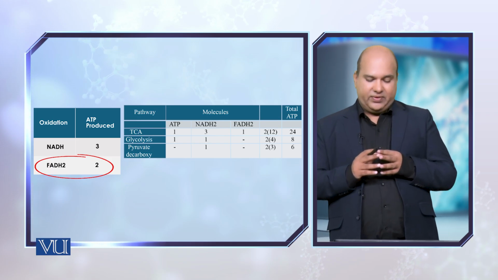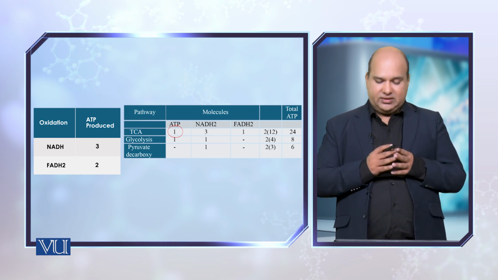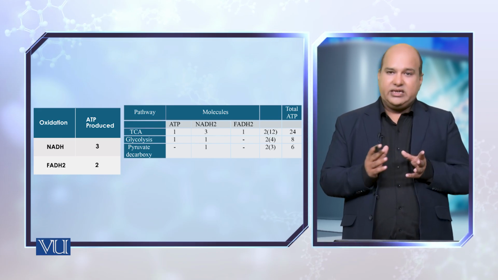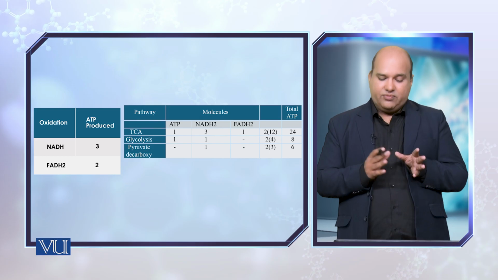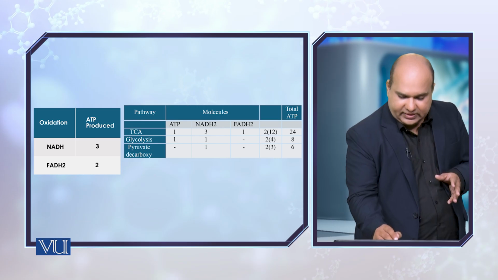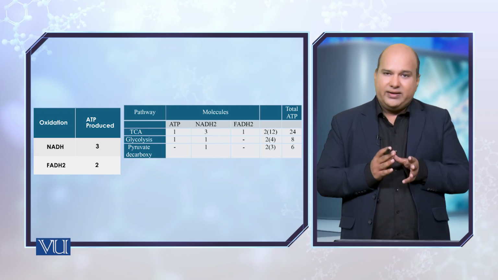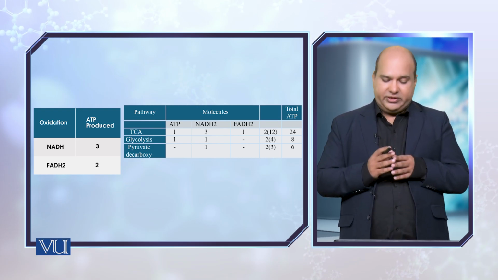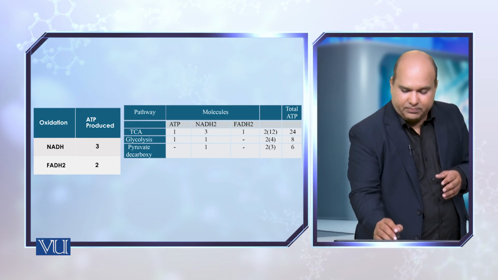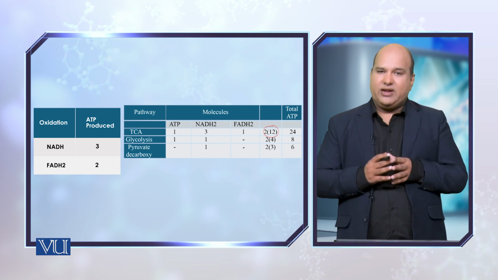So in the TCA pathway, we get 1 ATP from substrate level phosphorylation, because there are 3 NADH2 produced, which means 3 into 3 is 9 ATP from the NADH2, and because 1 FADH2 is produced, 1 into 2 is equal to 2 ATP from FADH2. So 1 plus 9 plus 2 is equal to 12. So you get 12 ATP molecules.